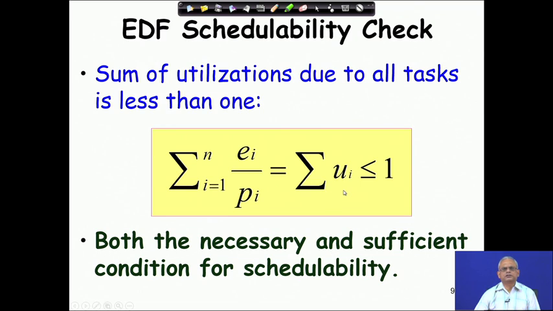Ui is the utilization due to the task Ti and is given by Ei by Pi, and for all tasks we can sum the utilization due to the various tasks. As long as the utilization is less than or equal to 1, we say that the task set is schedulable, or it can satisfactorily run on an earliest deadline first scheduler. This expression is both the necessary and sufficient condition for schedulability for EDF schedulers.